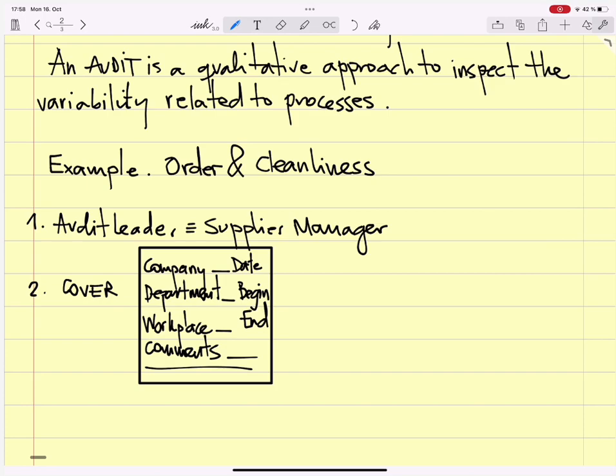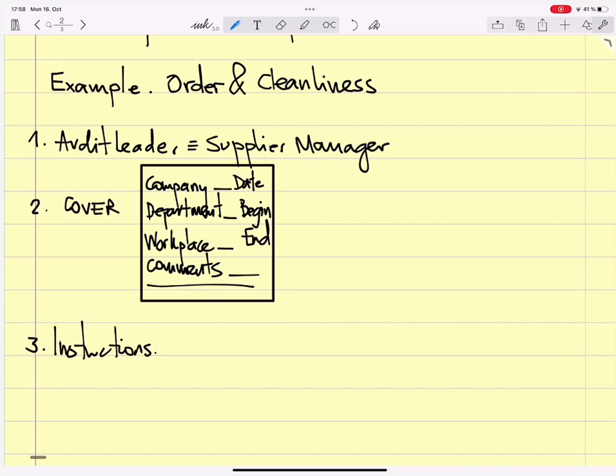So then you need to have some instructions. Okay? So the instructions are important because you need to have some rules. The rules are tough. For the time of the audit, the leader is the boss.